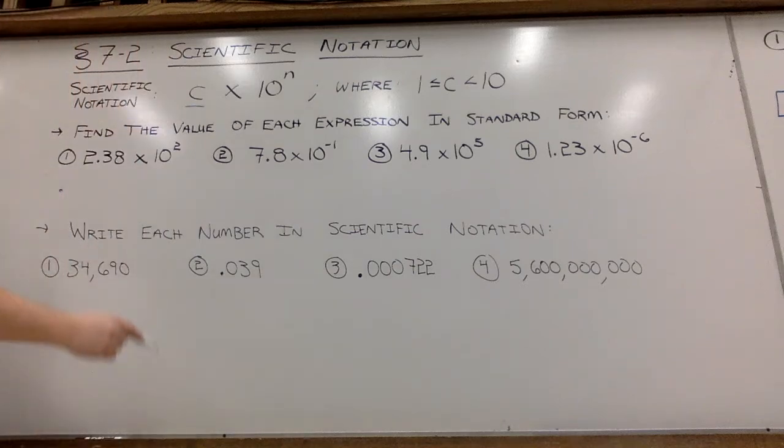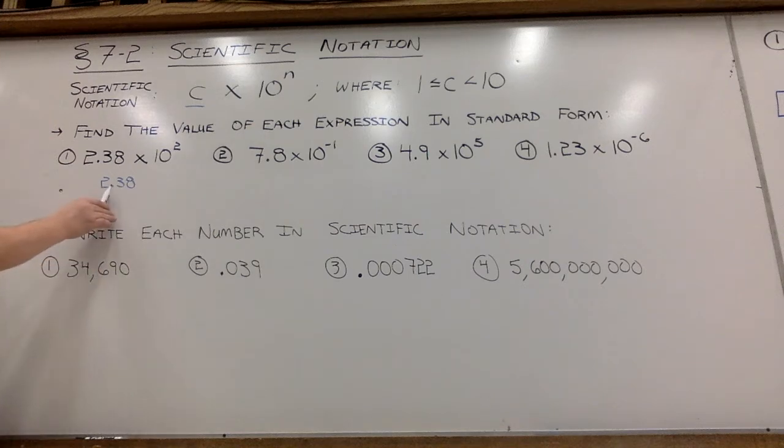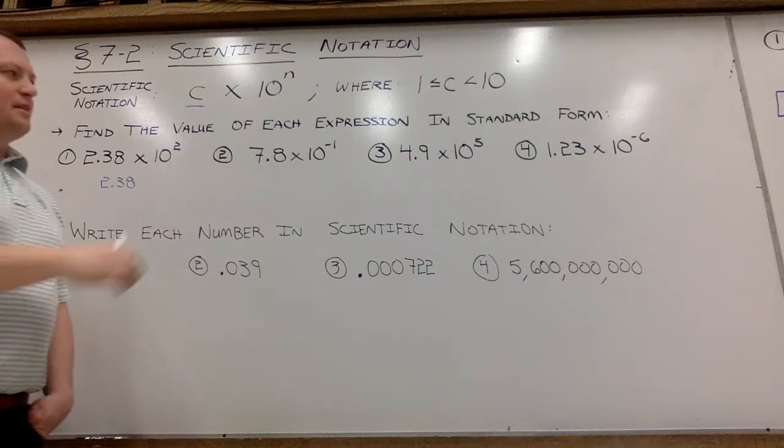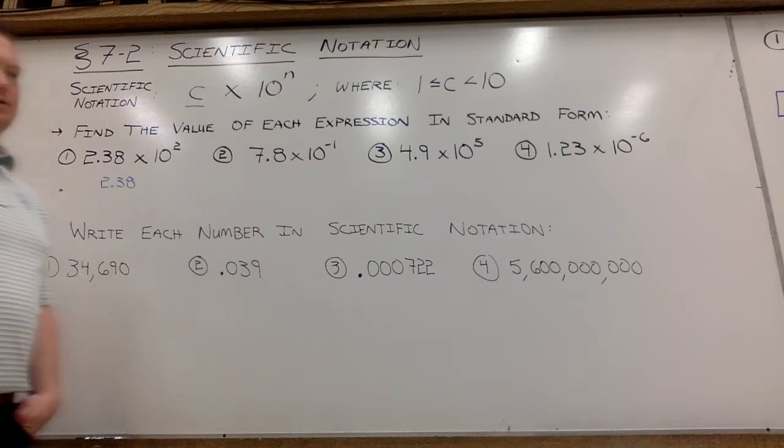Awesome. So what this tells us is if we have a number in scientific notation, I can take my C value, the number that is in front of times 10 to a power, and I can move my decimal place the exponent number of place values, and that will give me the given scientific notation value in standard form.